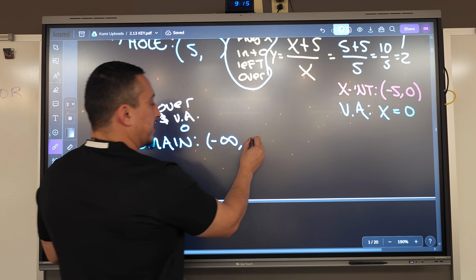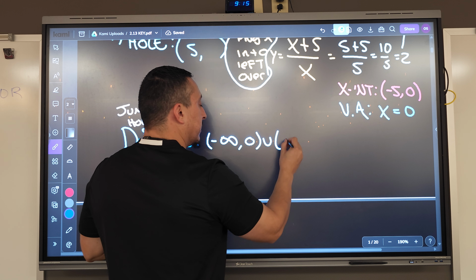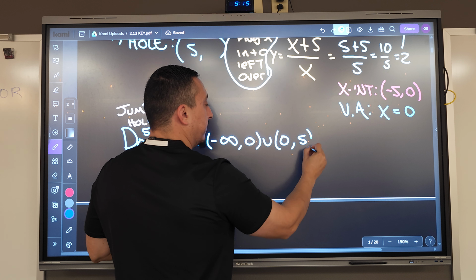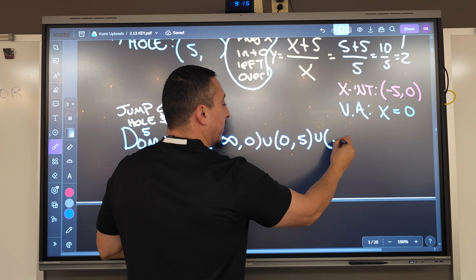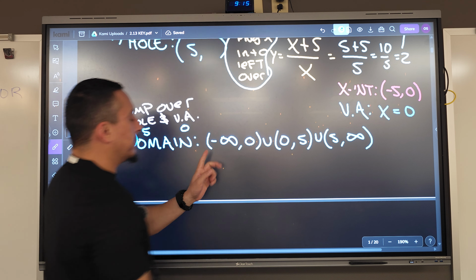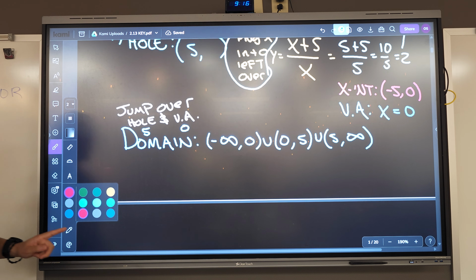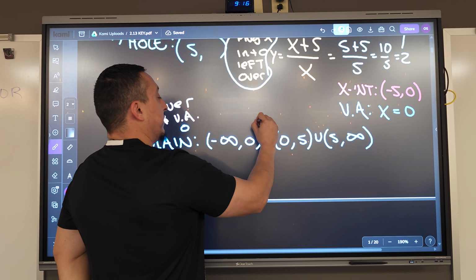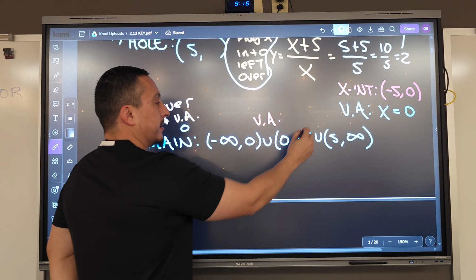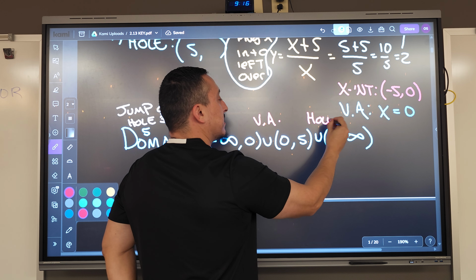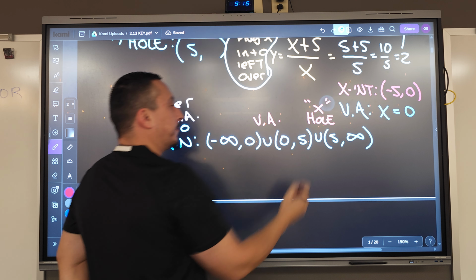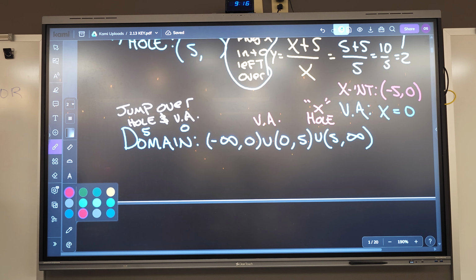So I jump over 0, and then I go all the way to 5, jump over 5, all the way to infinity. So it's always going to be from -infinity to +infinity, but you're just going to jump. This was the VA right here, the vertical asymptote, and this is the x of the hole. So that's the two things that you jump over.